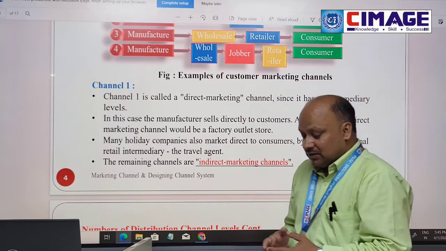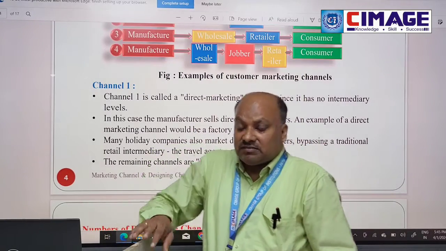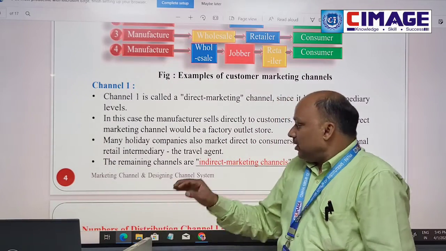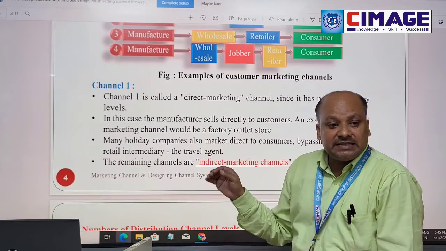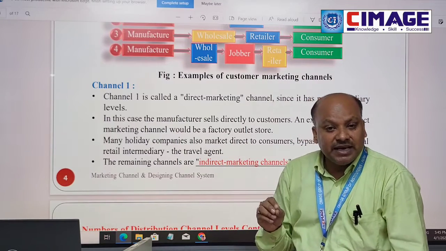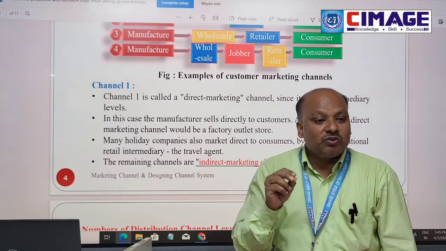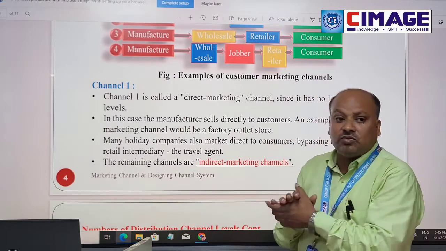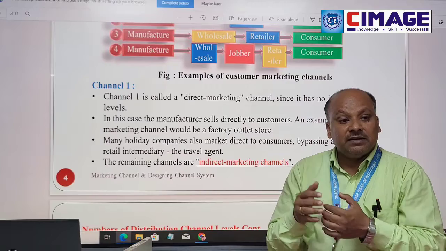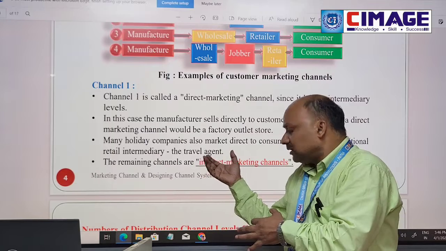We all know that in the traveling system, travel agents used to work, and they act as intermediaries. But there are many companies that sell their proposals directly to consumers. Many companies do not rely on travel agents.